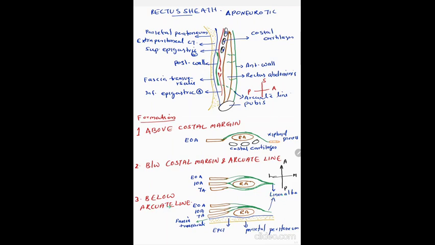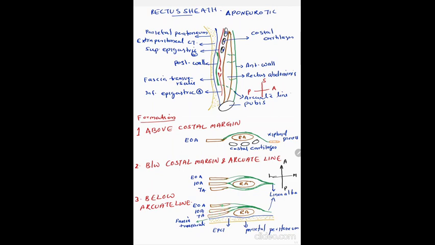Now the third is below the arcuate line. All three aponeuroses go to the anterior aspect of the rectus abdominis muscle. That means the posterior wall is deficient. So the anterior wall below the arcuate line is formed by the external oblique abdominis aponeurosis, and the aponeuroses of internal oblique abdominis and transversus abdominis.